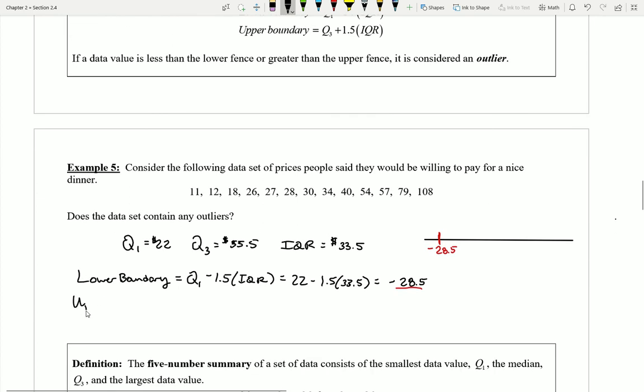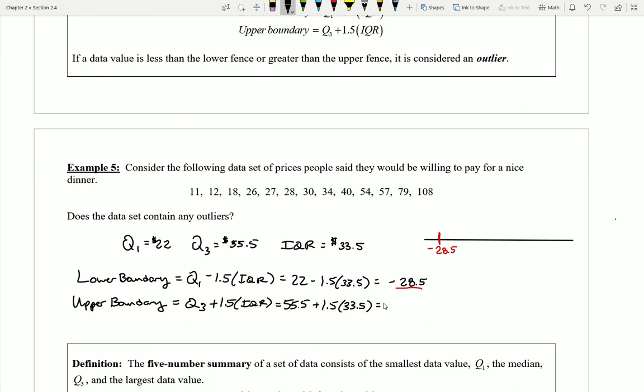For my upper boundary, I calculate Q3, this time plus 1.5 times the IQR. That's going to turn into Q3, which was 55.5, and I'm going to add to that 1.5 times my IQR.